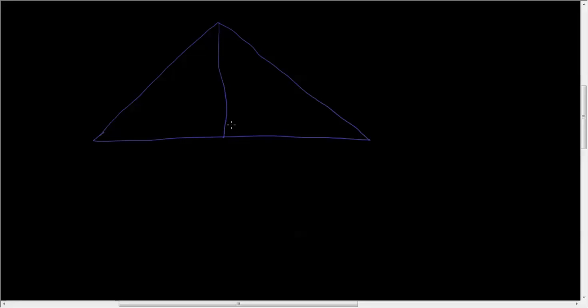So let's work a couple problems from the book. They gave me a triangle, dropped an altitude down, and they labeled it like this. 26 on that side, 26 on that side.